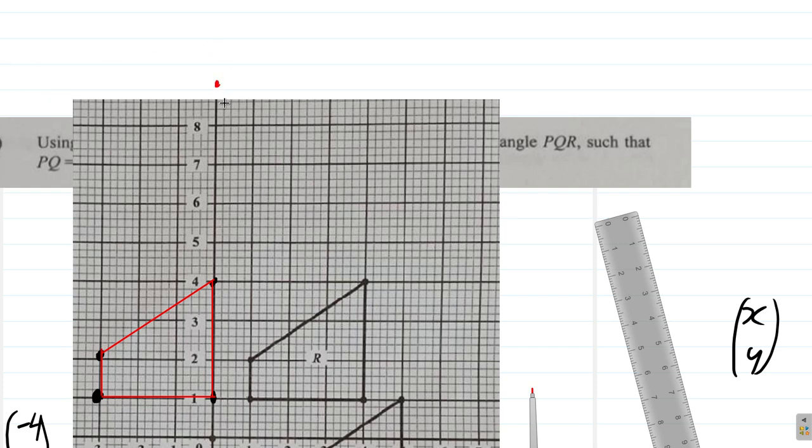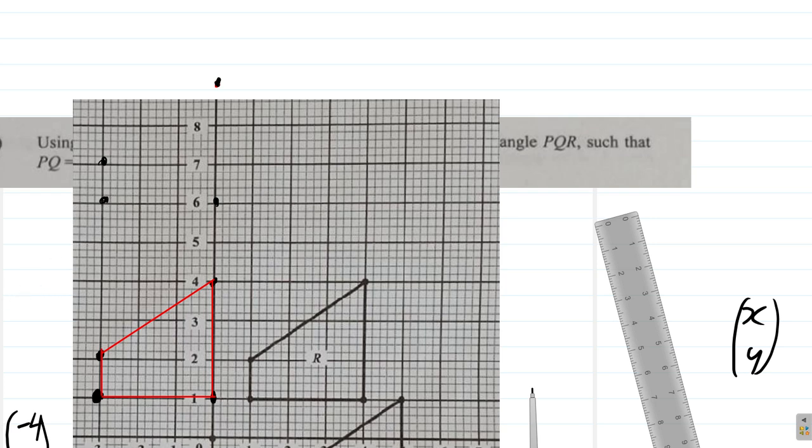I had cut off part of the graph there, it should be up here, but you get the idea. This point moves 5 places up, so it ends up here. This point moves 5 places up, it will be beside 7. And this moves 5 places up, it's beside 6.